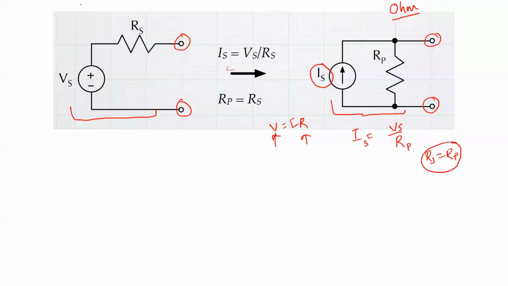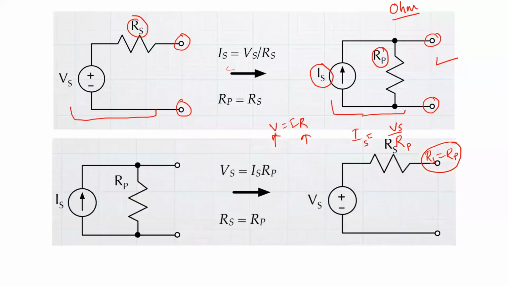So the value of RS and the value of RP are the same. Here series is used, here parallel is used. The VS and RS are used to calculate IS. This is one transformation. A voltage source is converted into a current source. Then there is one more possibility.